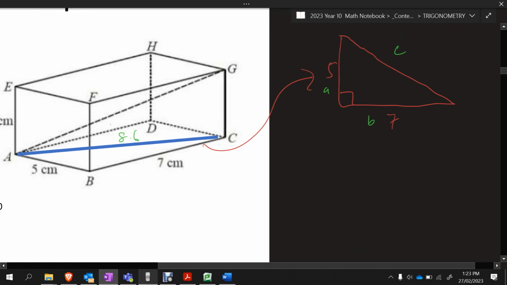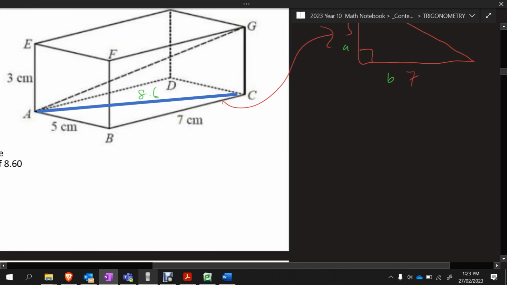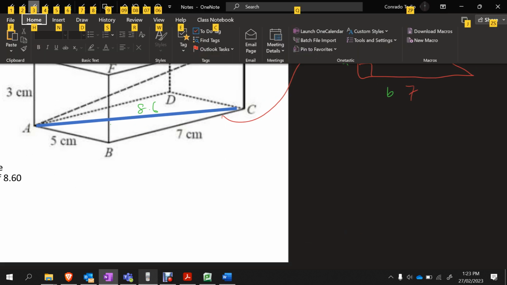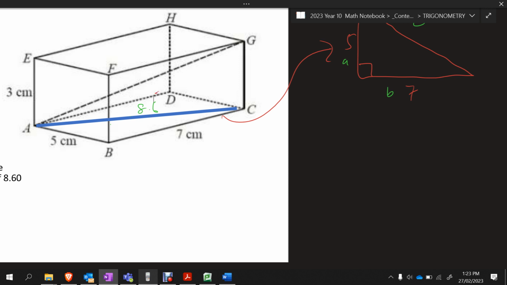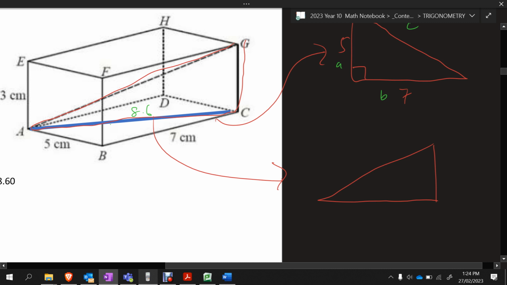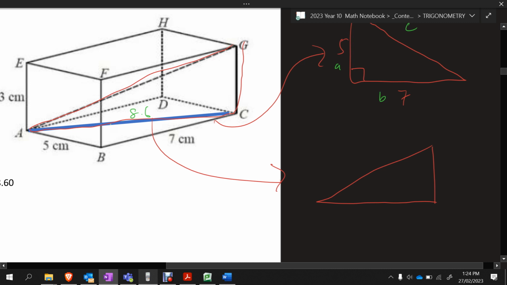Now, what you can do from there is figure out what is length AG. To do that, we're looking at this triangle now. If I split that out, it's going to have these lengths. What is the side length of that triangle?